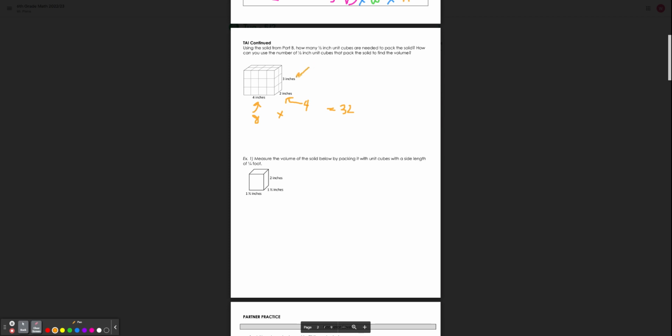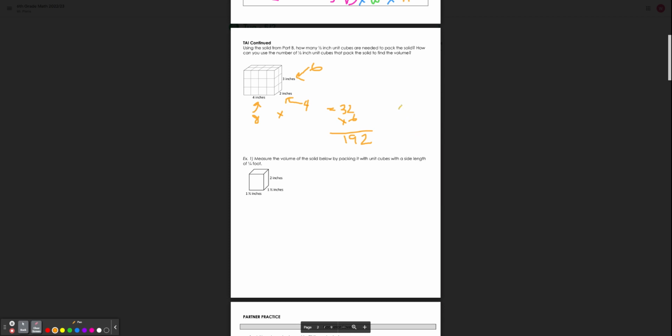And then the number of 1/2 inches that would go into the 3 inches here would be equal to 6. So if we multiply 32 times 6, that gives us a total of 192 unit cubes, or 1/2 inch unit cubes, that would fit this particular rectangular prism.